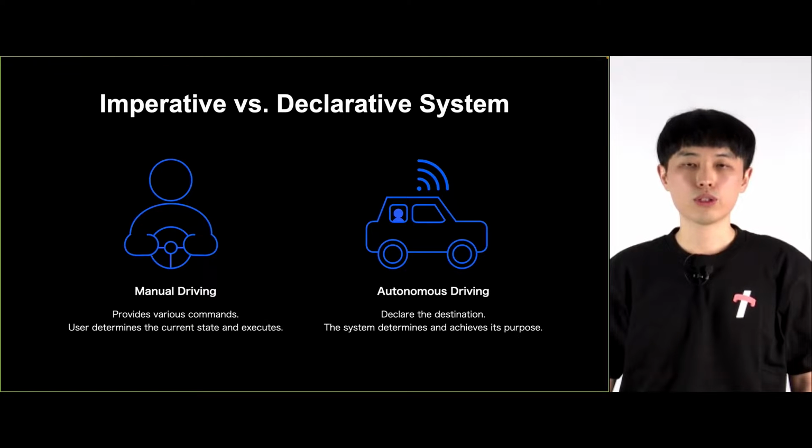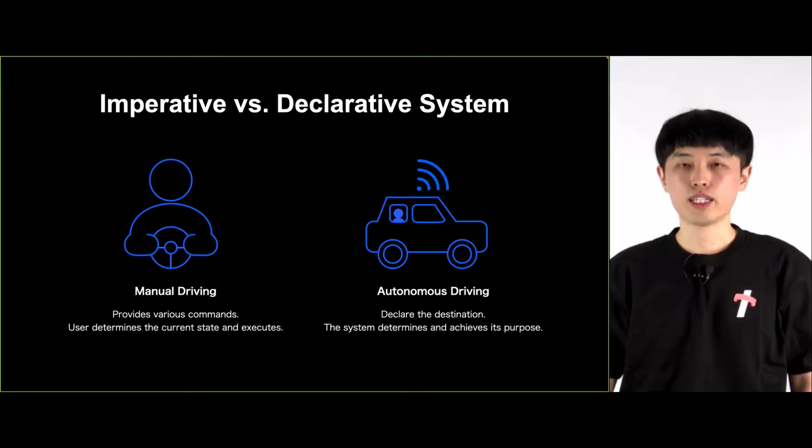First of all, manual driving is a type of imperative system. To drive, you are provided with commands like accelerate, decelerate, and shift directions. In order to get to the final destination, the driver makes decisions and executes commands. On the other hand, autonomous driving is the declarative system.